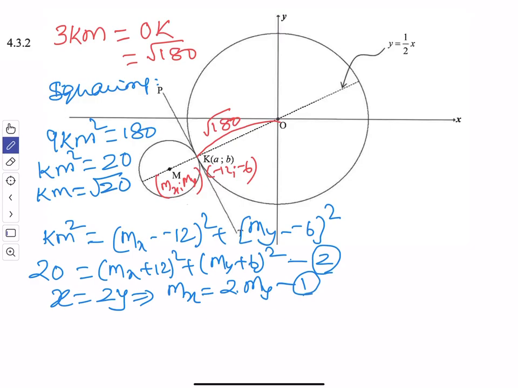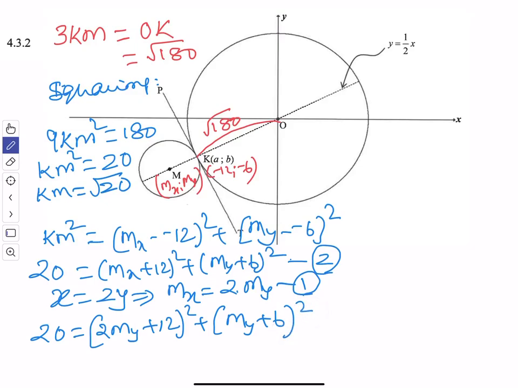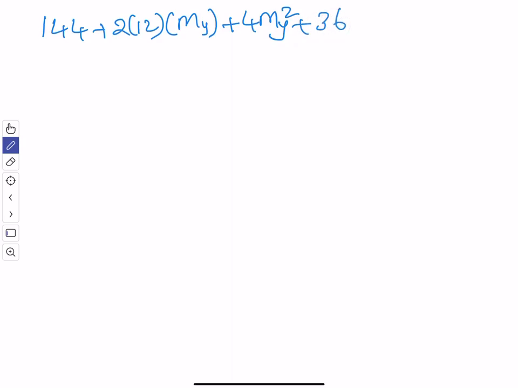Now I substitute equation 1 into equation 2. So 20 is equal to (2My plus 12) the whole squared plus (My plus 6) the whole squared. I simplify and get 144 plus 2 times 2 times 12 times My. This is going to be a quadratic equation in My.